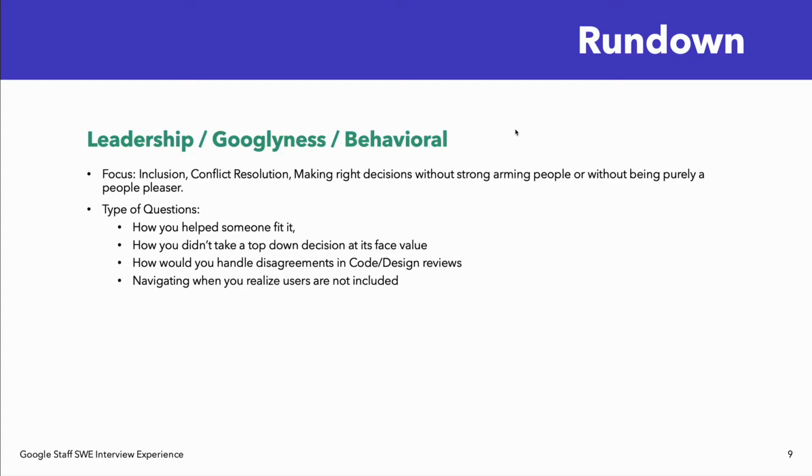The type of questions I got were like, how did you help someone fit in? How did you recognize that situation, and how did you address it, like talking to them one on one, making a safe space for them to express their thoughts? Another type of question is, management says, okay, go do this, but you knew it might not be the best decision, so you didn't do it just because management told you to.